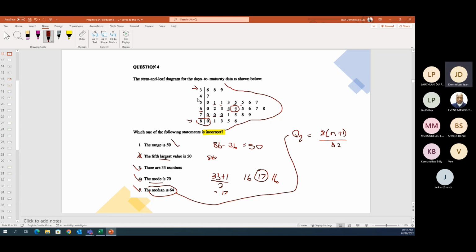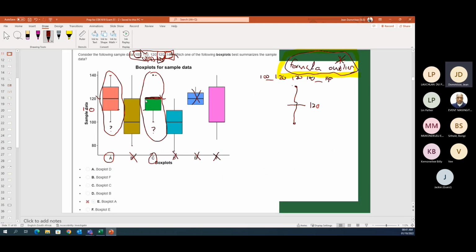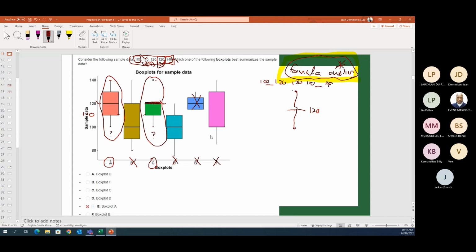Okay, if you look at even this one, that is nicely, there you have it. On the left-hand side of the box, right? Because left to right, I think, is increasing.